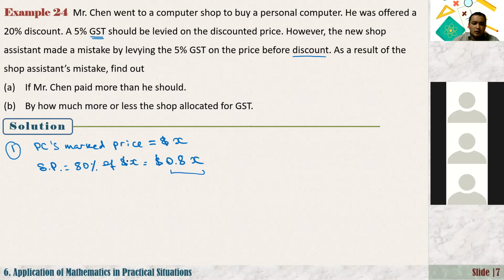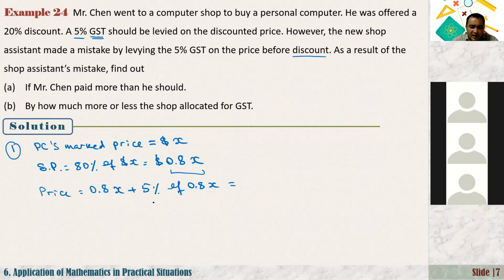Now you are buying this. So now how much should you pay? The total purchase price, the price of the PC for you, will be 0.8x discounted price, plus you have to pay 5% GST, that is 5% of 0.8x. Actually, I can just simplify this.